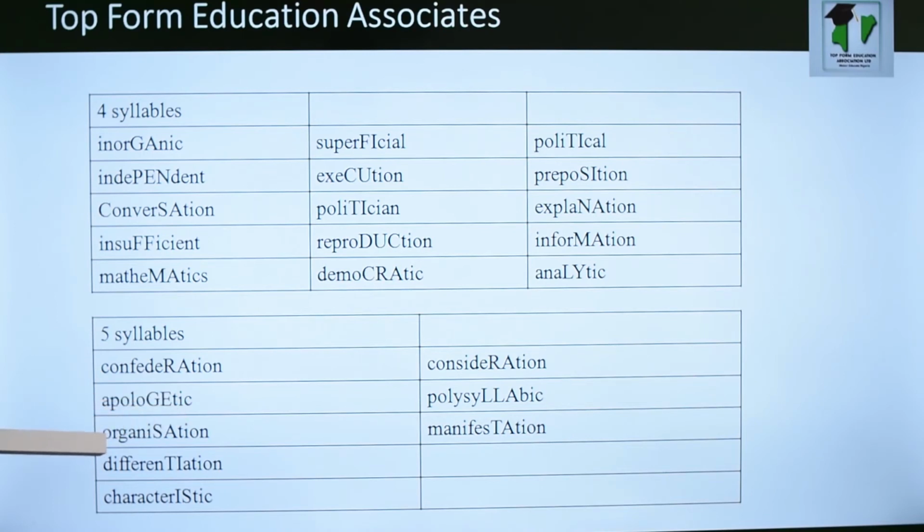Organization. Organization. 5. Differentiation. Characteristic. And the rest of them. So we've seen 3 syllabic words, 4 syllabic words, and 5 syllabic words.